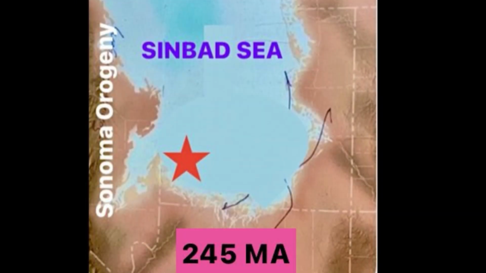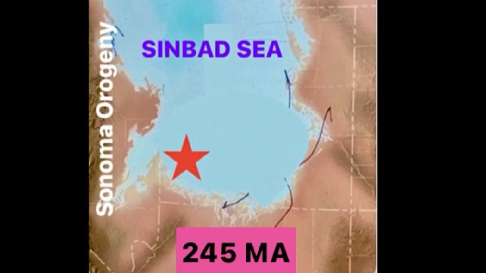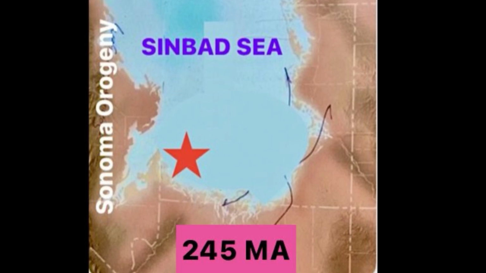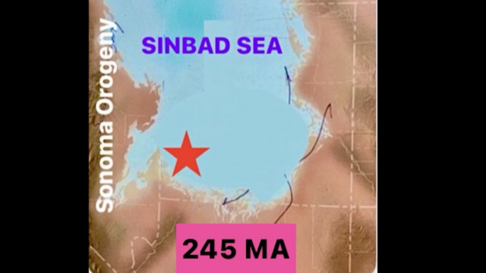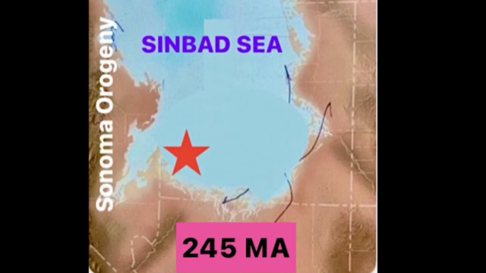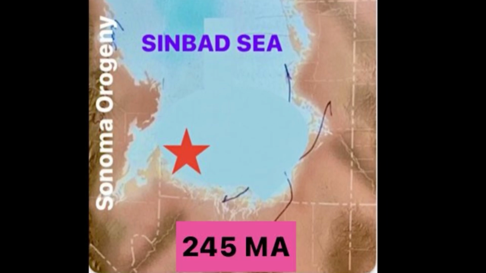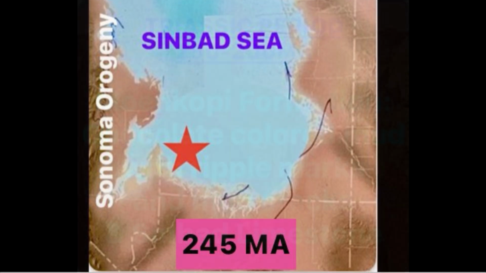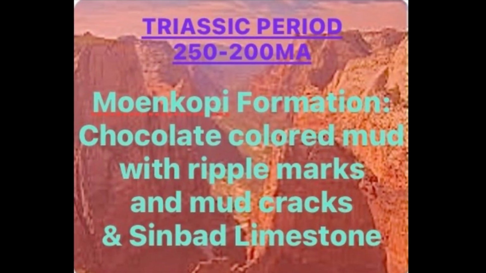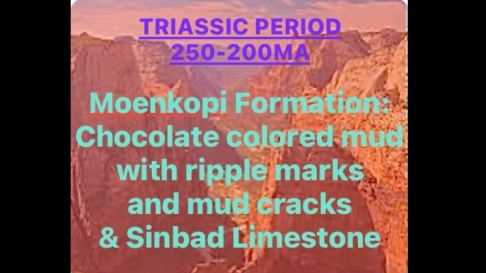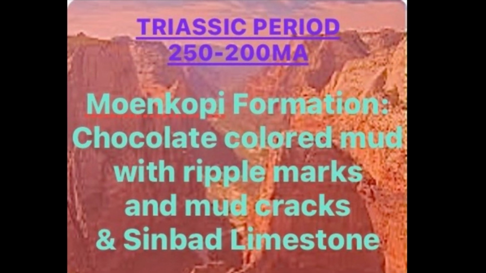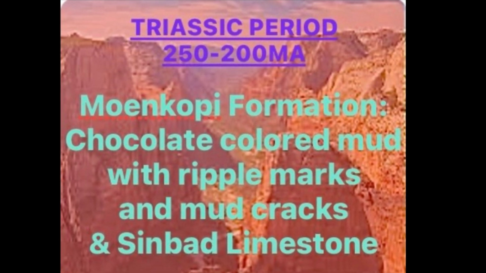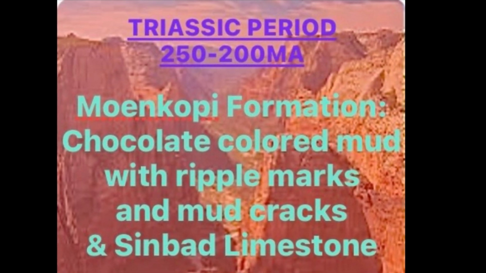Then, in early Triassic time, about 245 million years ago, the Sonoma orogeny occurred, and its foreland basin created the Sinbad Sea just about where the Kaibab Sea had been. The Sinbad Sea, which was composed of mud and limey mud and other materials, was the very first formation of the Triassic Moenkopi Formation.